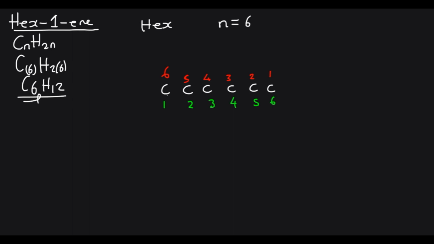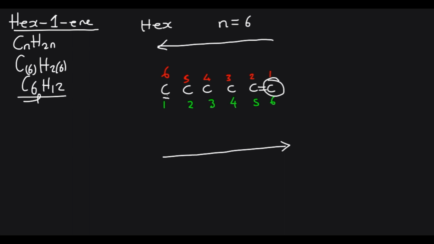If we are numbering from the left going to the right side, our carbon 1 is here, so that is where the location of the double bond should be. But if we decide to count from this side moving to the other side, then our double bond would be this one, because our carbon number 1 will be only this position. So this is what you do.